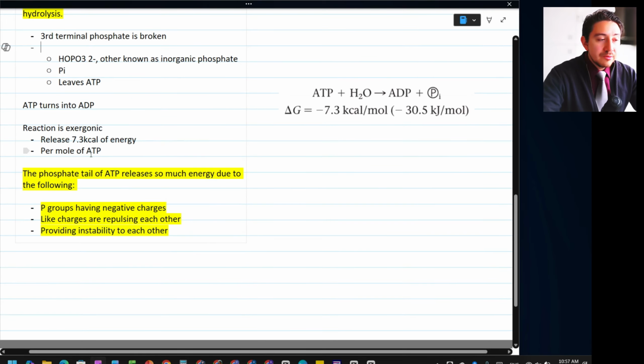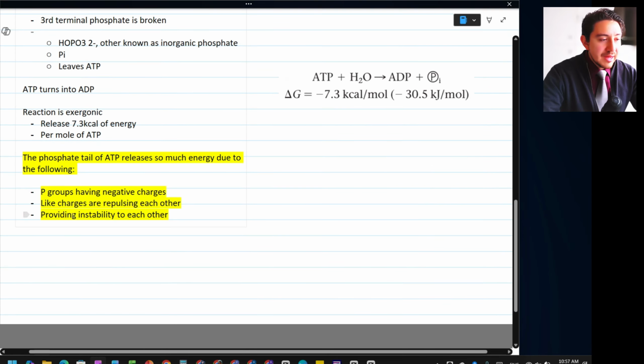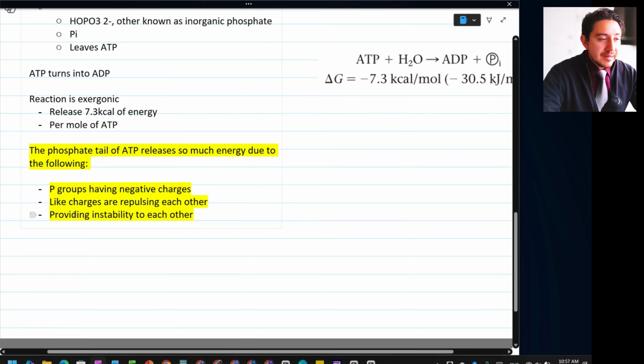It releases 7.3 kilocalories of energy per mole of ATP. You can see here in this equation, the hydrolysis of ATP will produce negative 7.3 kilocalories. So where's that energy coming from that enables it to be an exergonic reaction? It's because the phosphate groups have negative charges.